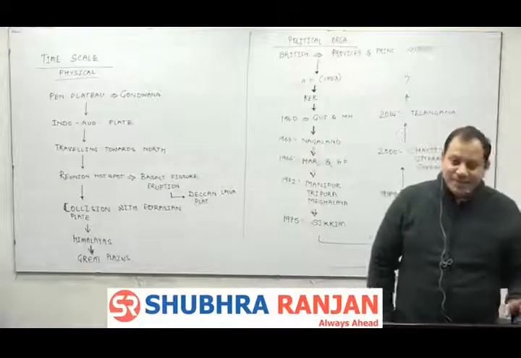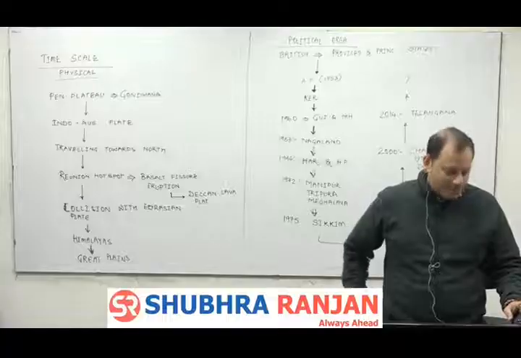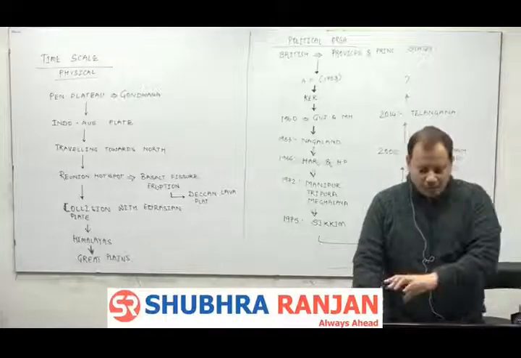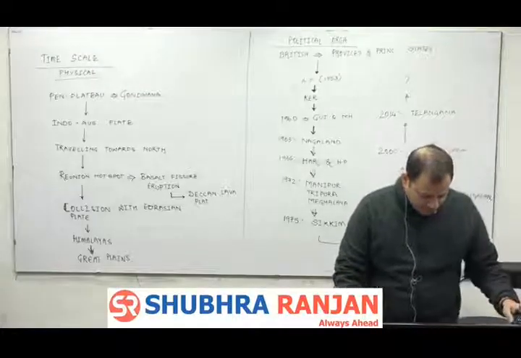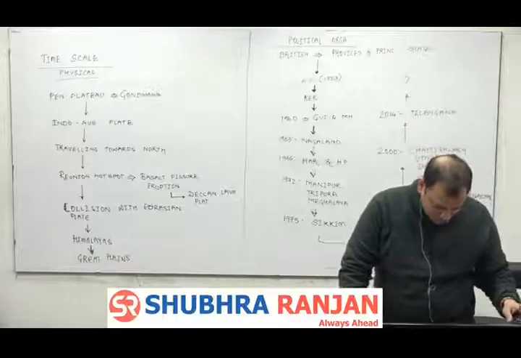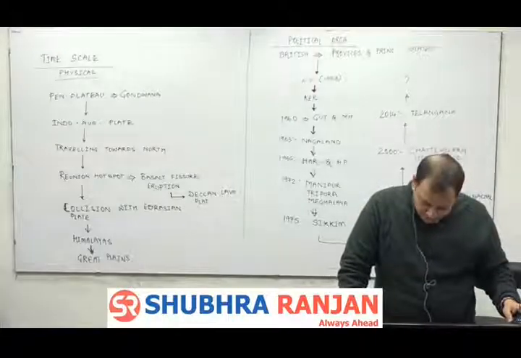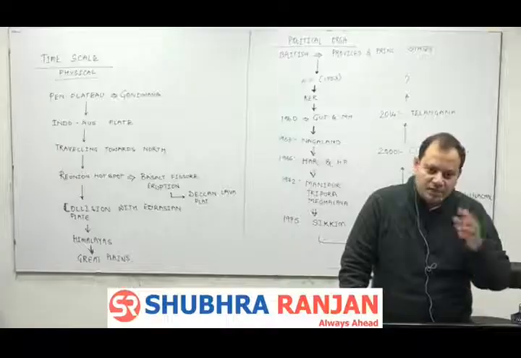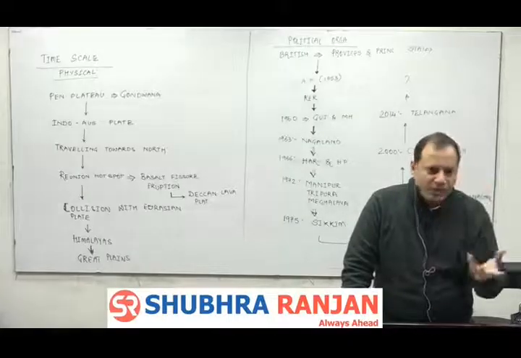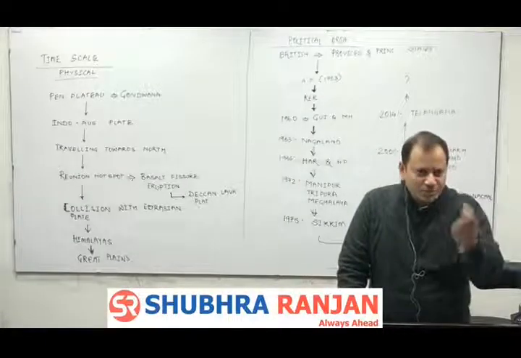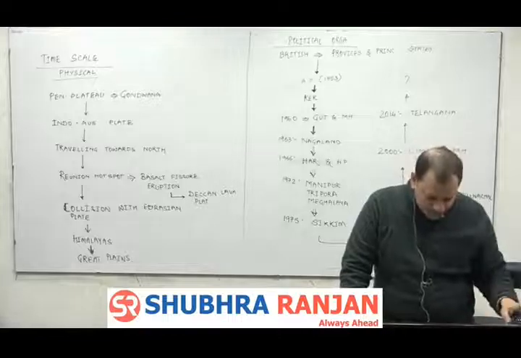Third, Tamil Nadu. Fourth, Maharashtra. Do all these 9 states in an order. These are the states in India which have a coast, so you should know their order. Maharashtra.